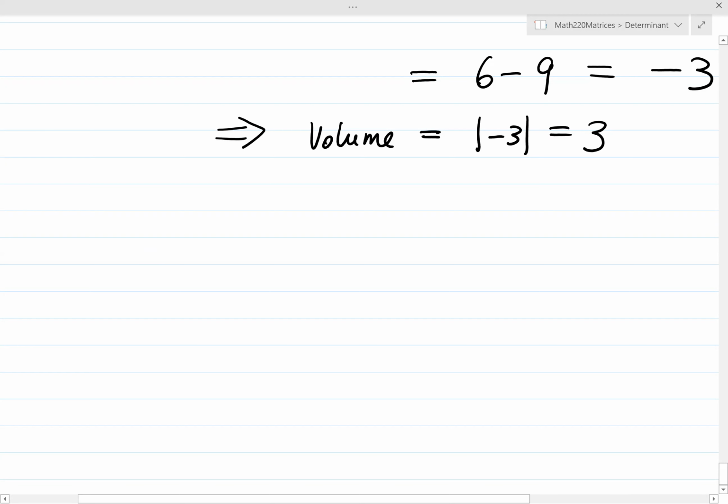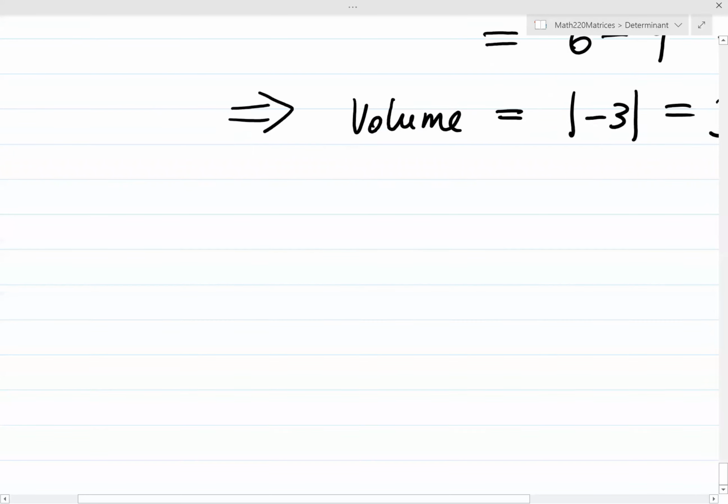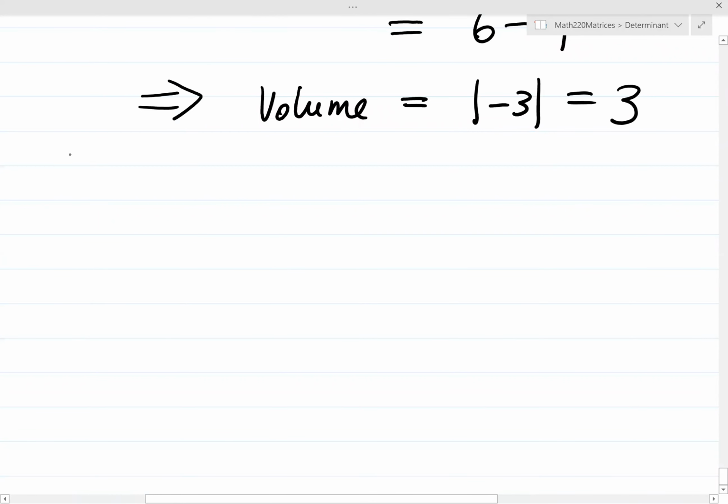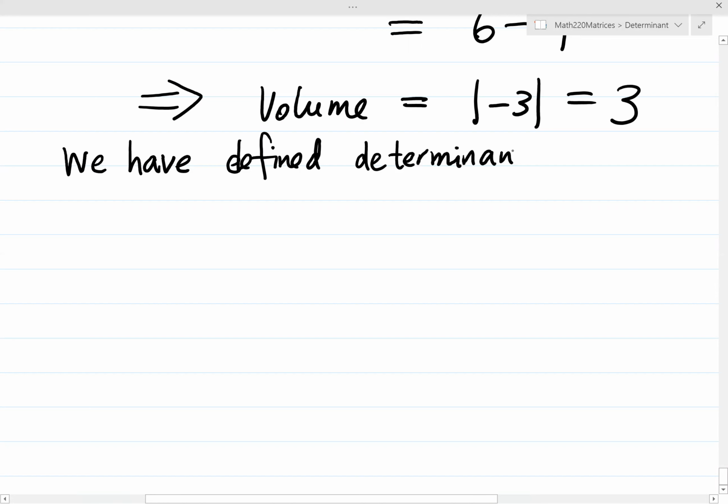So to summarize, we have defined the determinant: 2 by 2 is easy, and then for 3 by 3 we expand, so we get a bunch of linear combinations of 2 by 2 determinants. So we transform the 3 by 3 case to the 2 by 2 case.